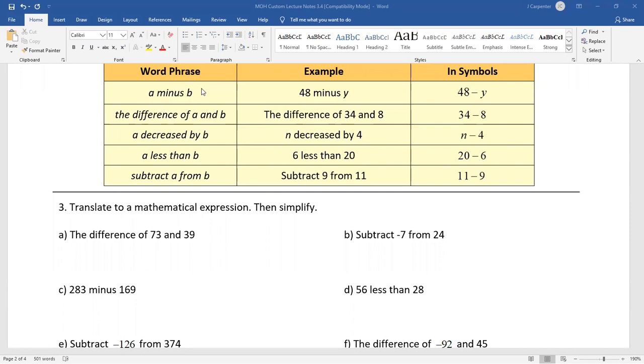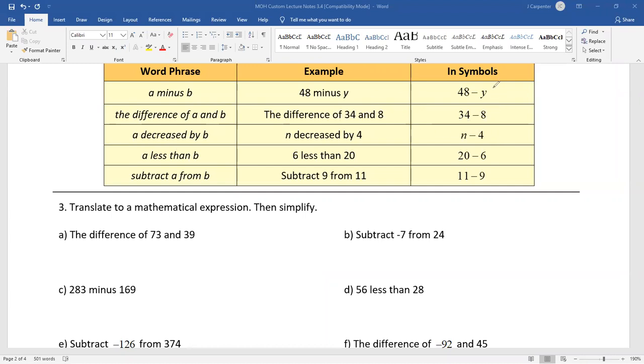A minus B means you do the first thing minus the second thing. 48 minus Y is 48 minus Y. The difference of A and B, like the difference of 34 and 8, says you do the first thing minus the second thing. The phrase decreased by, so N decreased by 4, you do the first thing minus the second thing.